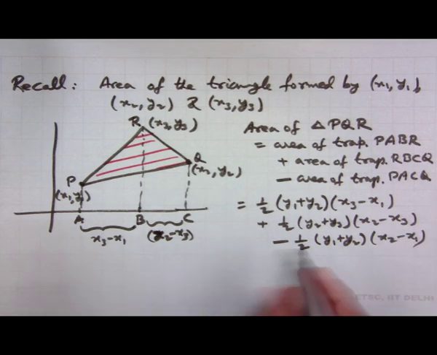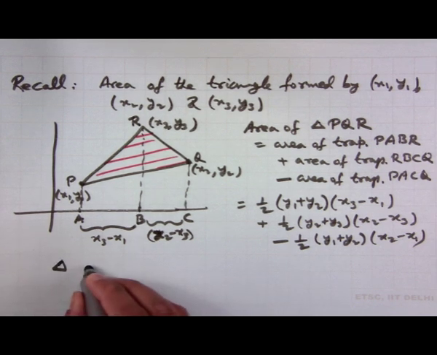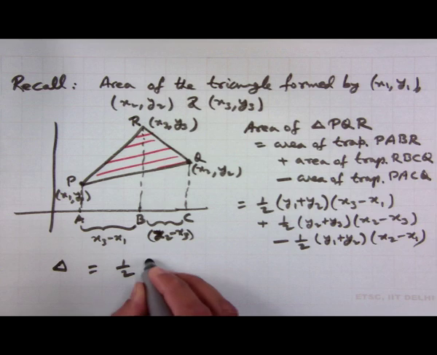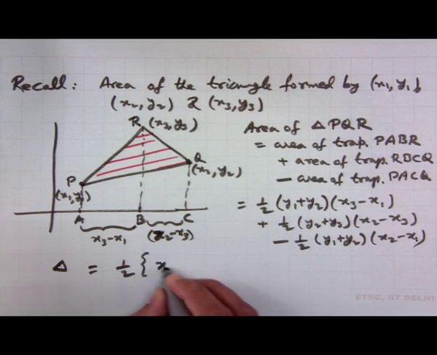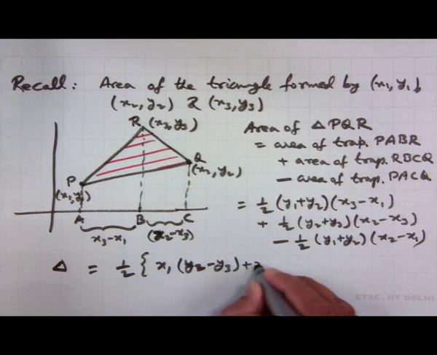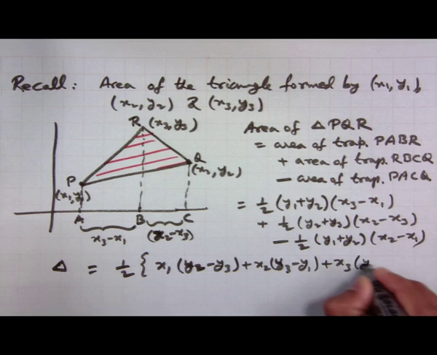And on simplification we get this area of the triangle is equal to half times x 1 times y 2 minus y 3 plus x 2 times y 3 minus y 1 plus x 3 times y 1 minus y 2.